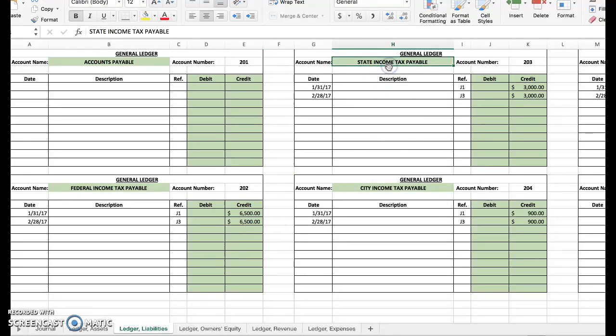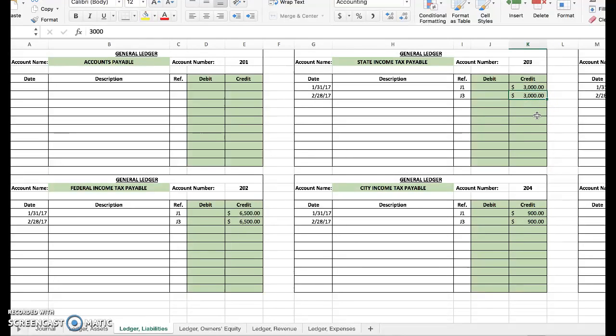Same way with the state. The state, Ohio is an example, the state will again charge employees an amount of money, income tax, and we paid that for them in January and February, and that amount we're saying is $3,000. We're not going to worry about how we calculated that at this point, but that's the amount that we withheld from their paychecks.